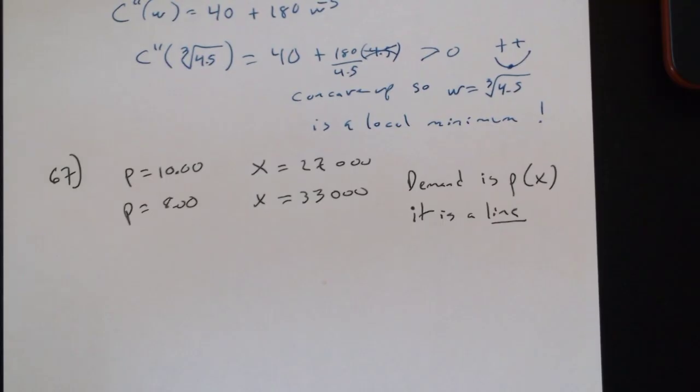What do I need to make a line, right? I need a slope. How do I get that from here? Yes, but I don't have a y, so what am I using for my y? Yeah, I'm using my price.